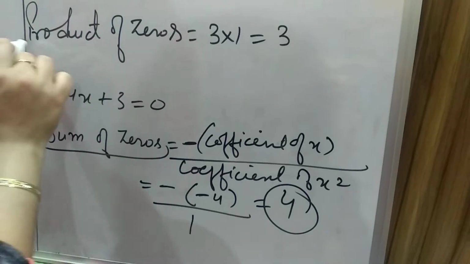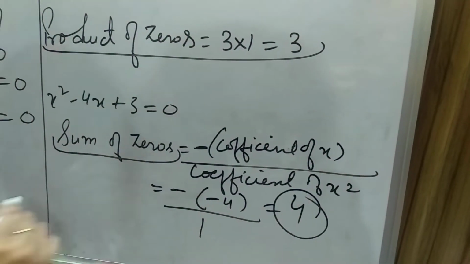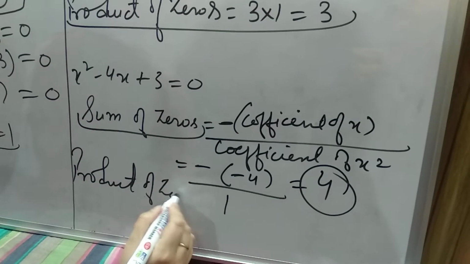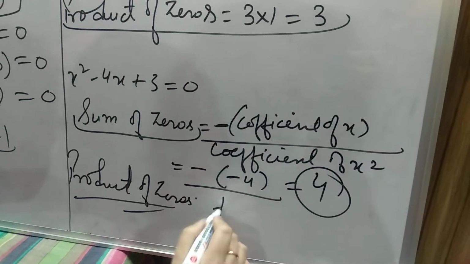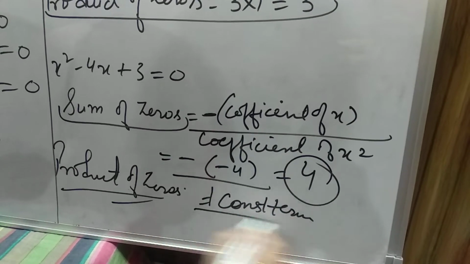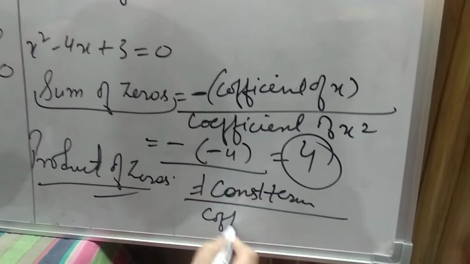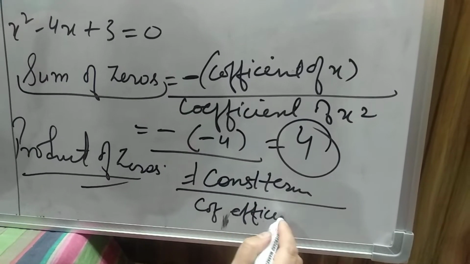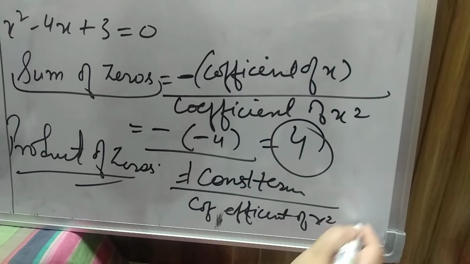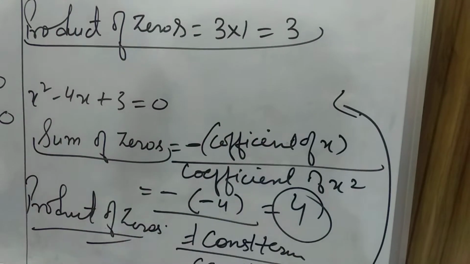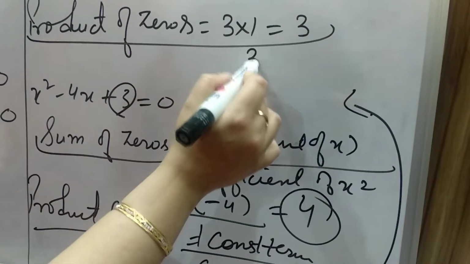Now we will take the example of the product of zeros. Product of zeros is equal to the constant term upon coefficient of x square. What is the constant term here? 3.